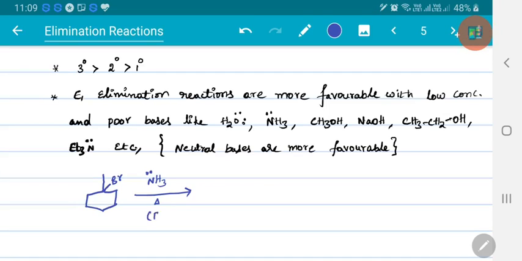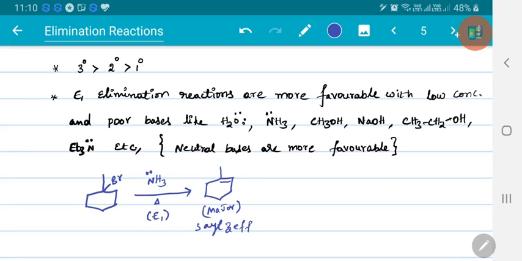So now you will have E1 elimination. Now this leads to product formation. So the obtained product is this, which is the major one. We call it the Saytzeff product, which is major.